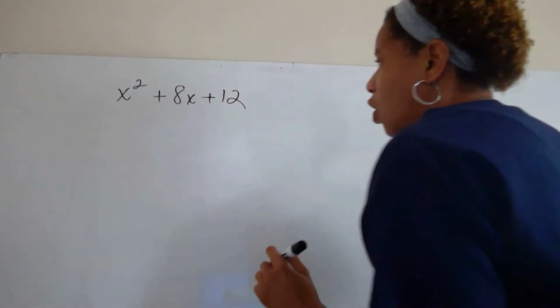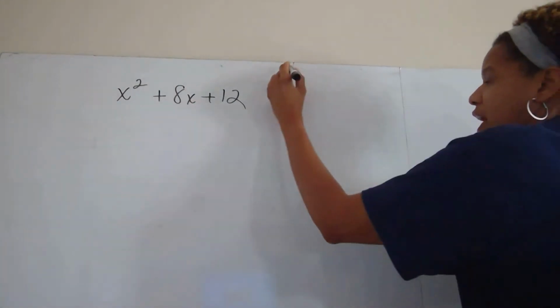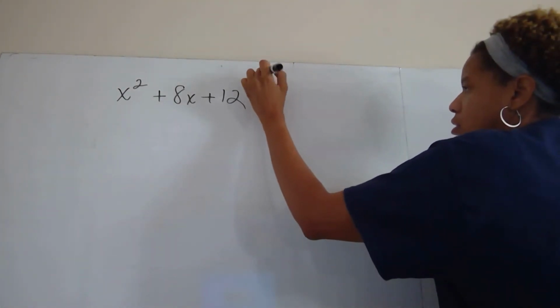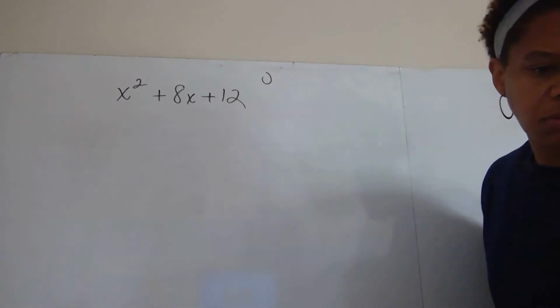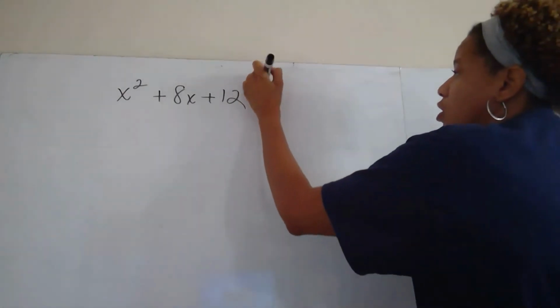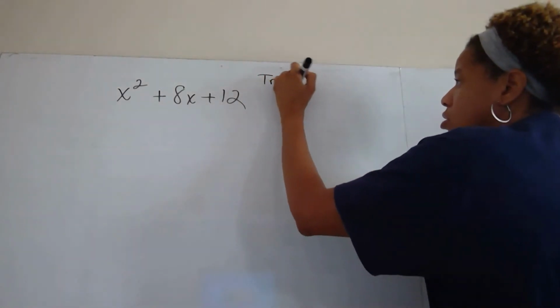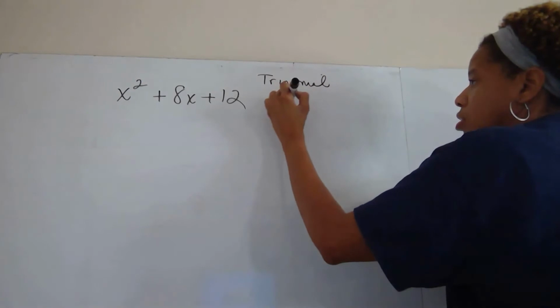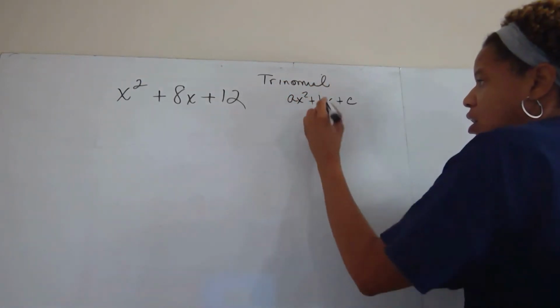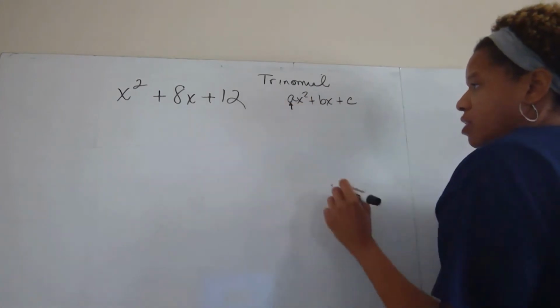So we have the trinomial here. They just call it trinomial. So this is a trinomial: ax squared plus bx plus c. All right, where your a here is always equal to 1.